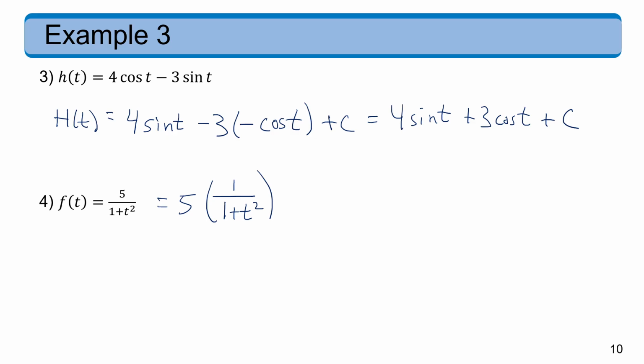And the antiderivative of that is the inverse tangent function. So there's not a lot of work on this one, our antiderivative, capital F of t. We carry along the 5, and then the antiderivative of that expression in parentheses is just inverse tangent of t, right? We have to use t instead of x because it's in terms of t here. And then, of course, just like all of them, to make it general, we add a constant.